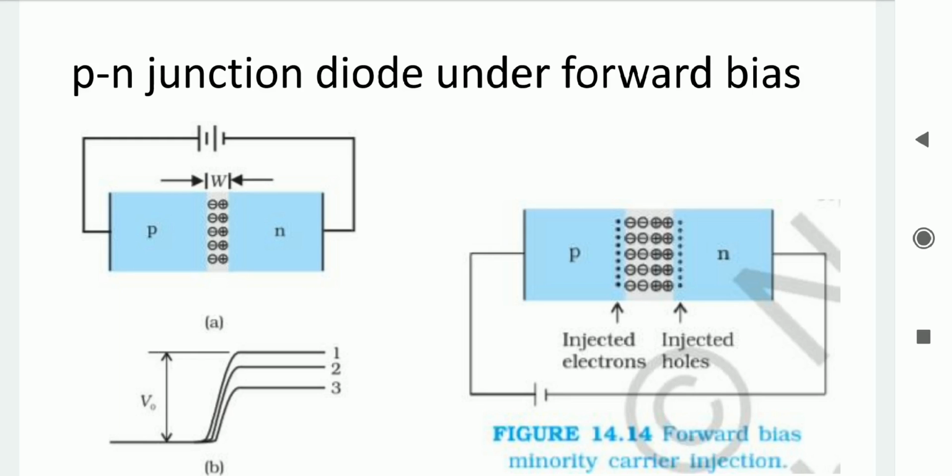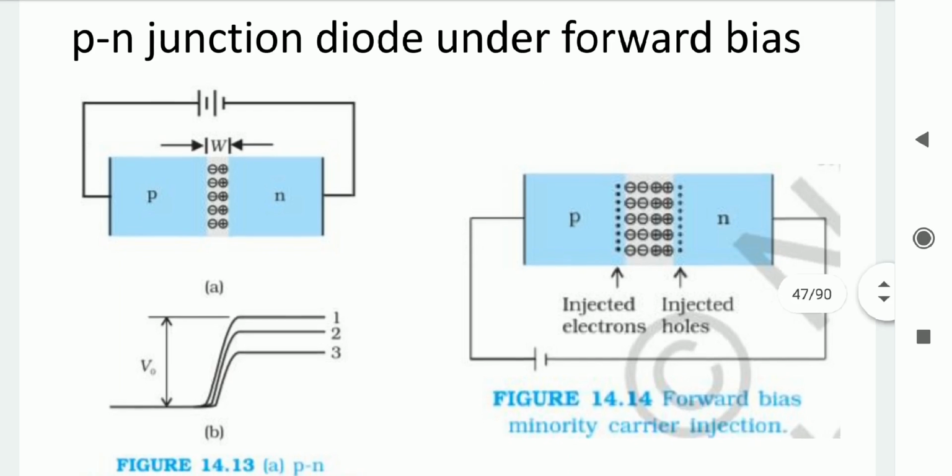Here, the diode current is the total current, that is, the current due to hole diffusion and the conventional current due to electron diffusion. So here the current exists due to both types of carriers, holes as well as electrons, having the current in terms of milliampere.